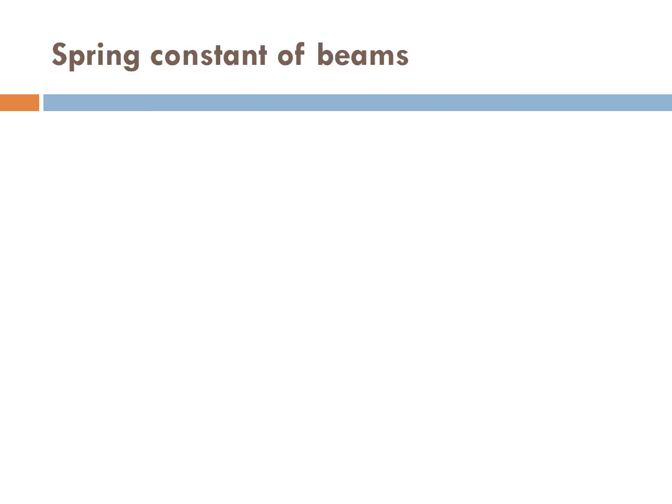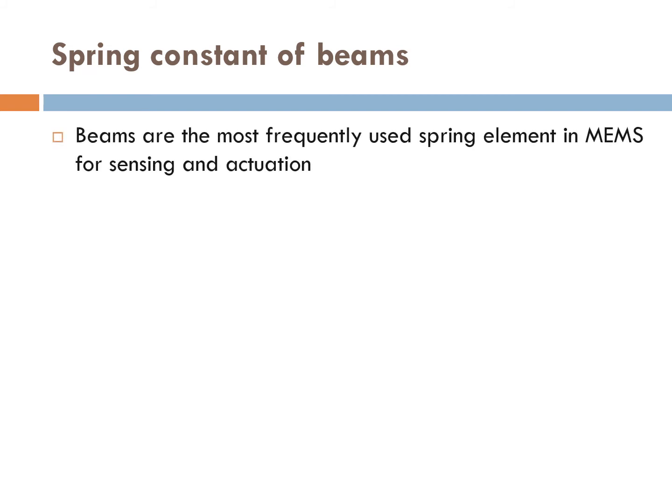Coil springs are most commonly found in macroscale engineering systems. But for microscale devices like MEMS, it is difficult to fabricate and integrate coil springs. So, beams are the most frequently encountered spring element in MEMS.